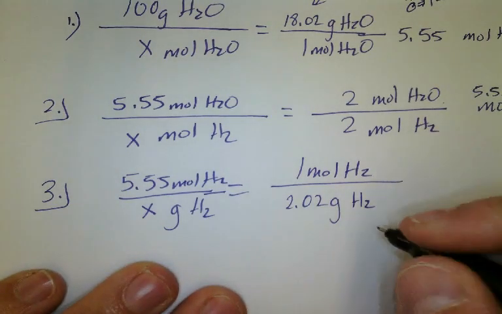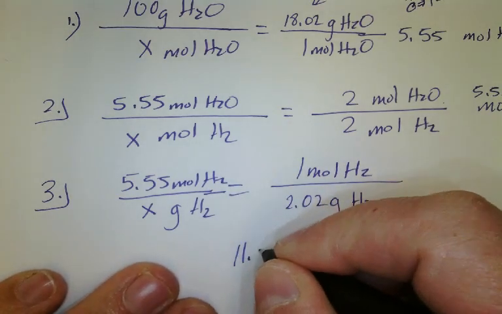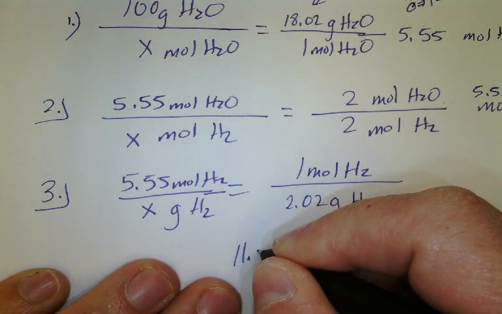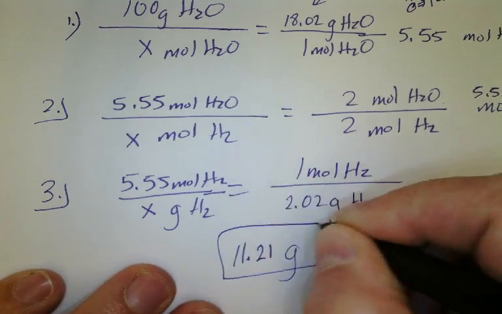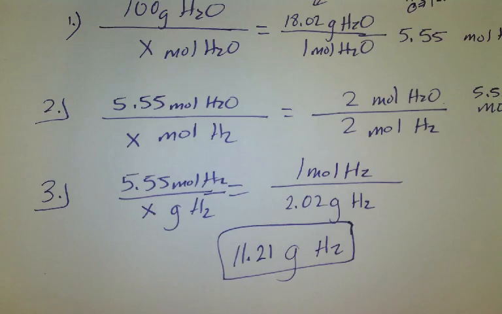Okay, what do we get? Help me out here. 11.21. There you go. That's exactly how many grams of hydrogen you'll have in your test tube. That's quite a lot, by the way, because hydrogen's pretty light. Do you remember how many liters 1 mole is?